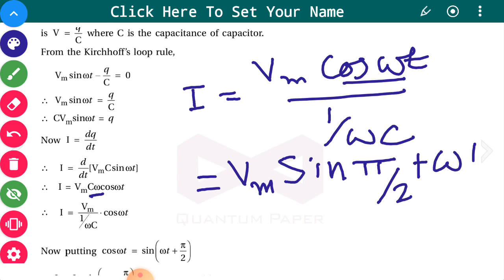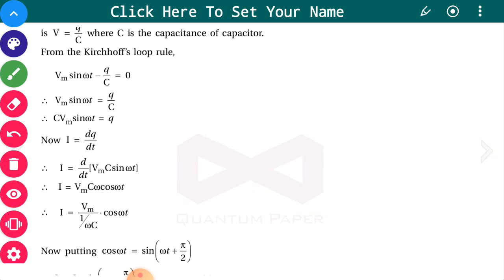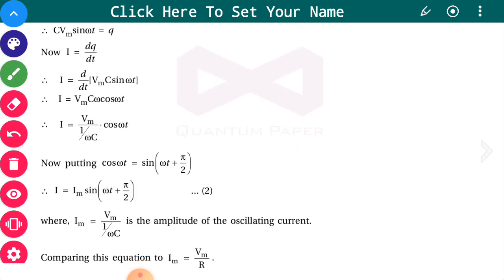Theta means omega t. And 1 upon omega C is then taken as Xc, which is known as reactance. So the value of the current will be Vm sin omega t plus pi by 2 upon Xc. It is just written below.